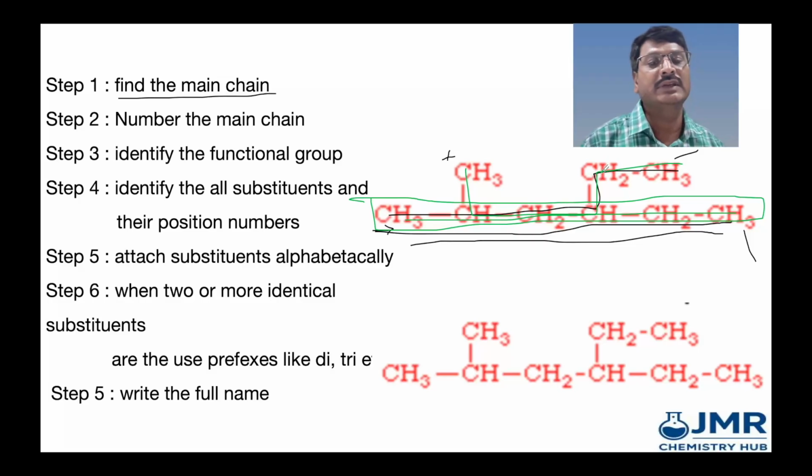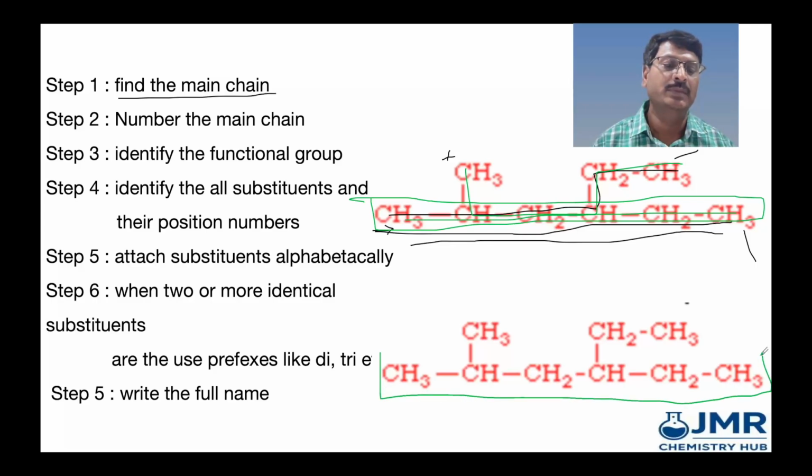If you get the same number of substituents in any chain, you can take any one of the chains as the parent chain. I am taking this chain as the parent chain. So like that, first you have to find the main chain or parent chain, and after that, numbering will be later.